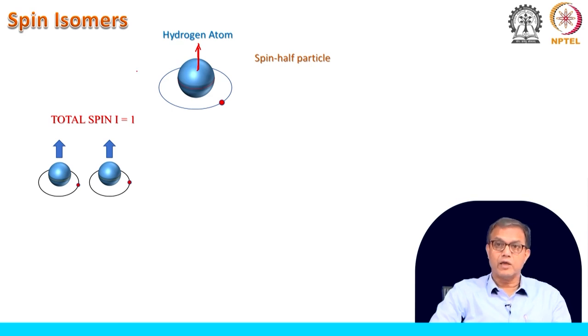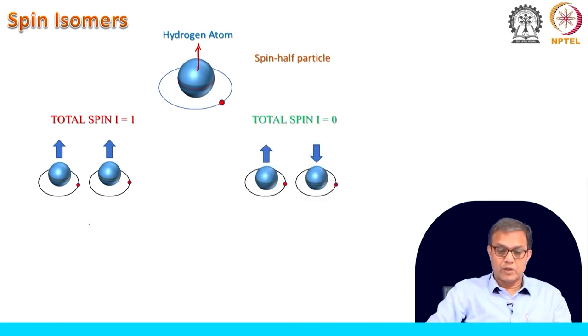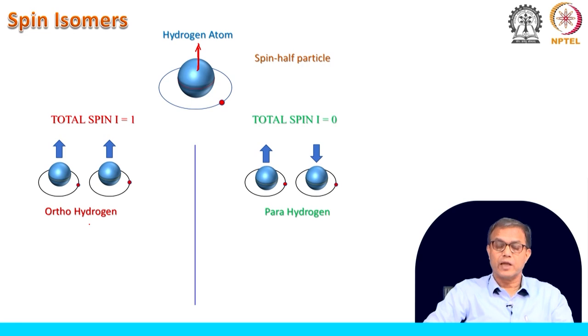So, it will have m equals 0, plus 1 and minus 1. So, there is a 3-fold degeneracy, and this is called orthohydrogen. The other possibility is I equals 0, or the total spin would be 0, and this is what is called parahydrogen.